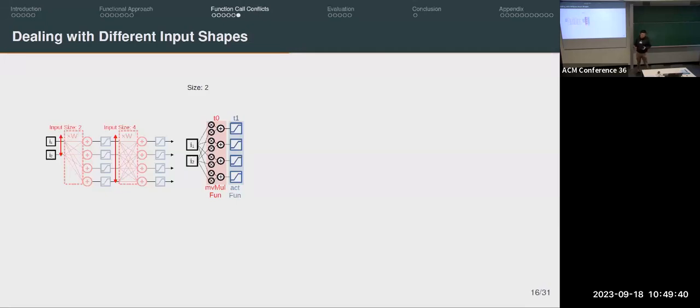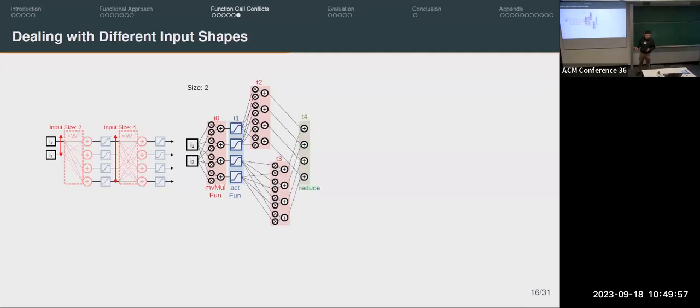But after that, for the second fully connected layer, we have a problem because right now the size is 4, but the input size for the function is 2. So we need to do tiling. We need to separate the input. So here we process the first part, and after that we process the second part, and then do summation and finish all of them. But you can see it introduced more steps.